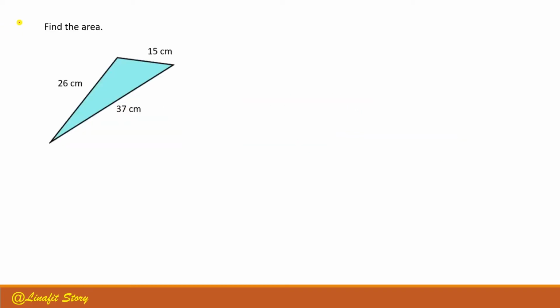Find the area of this triangle by using Heron's formula. This is side A, B, and C of the triangle. A plus B plus C is the perimeter of the triangle. Therefore, to find the semi-perimeter, it is A plus B plus C divided by 2.